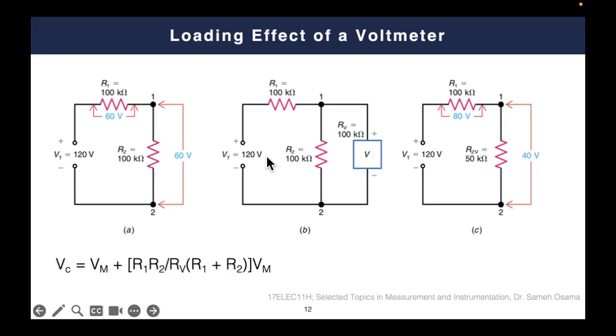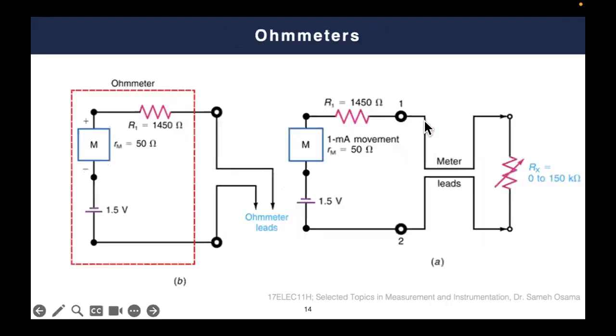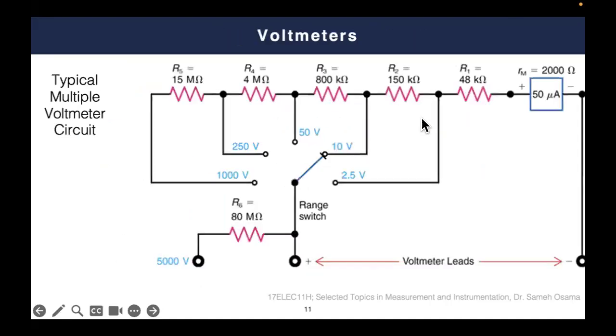Of course, you are not allowed to change this resistance, because this is simply the resistance in the circuit. But what we can do is to increase the internal resistance of your voltmeter. If you increase the internal resistance, because again, you are controlling this resistance by adding these values. So you are the designer of the voltmeter. You can increase the resistance of your voltmeter.